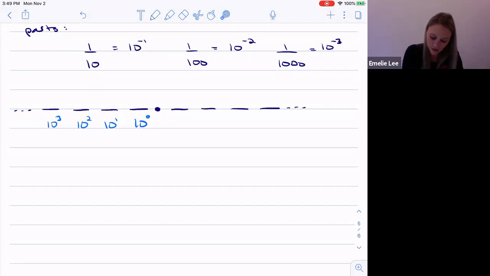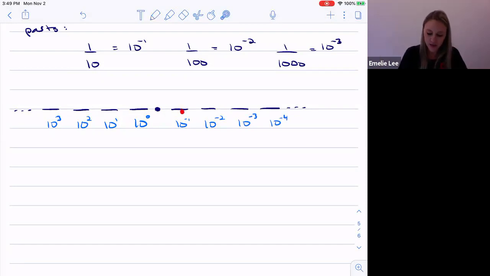Okay. On the other side of the decimal, right now we've got a fraction. So now here we've got our tenths. So we've got 10 to the negative 1, 10 to the negative 2, 10 to the negative 3, and 10 to the negative 4, etc. Right?